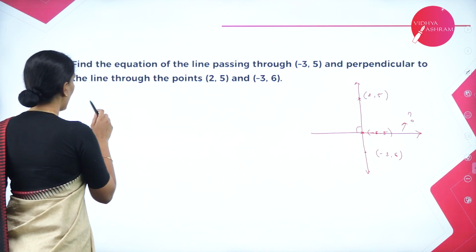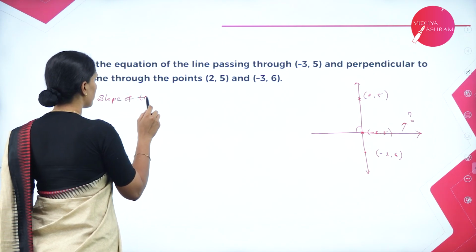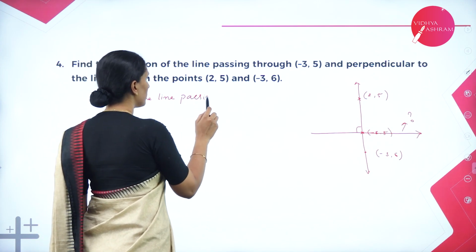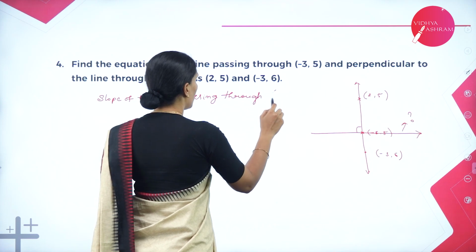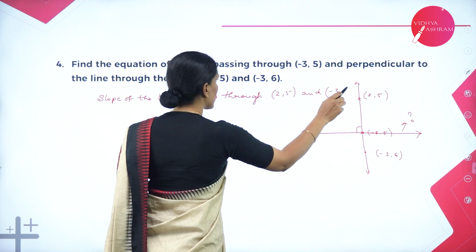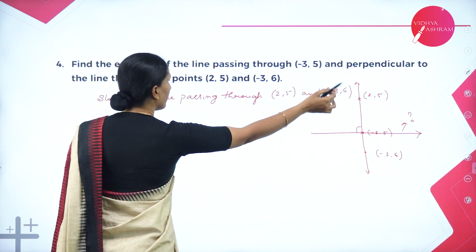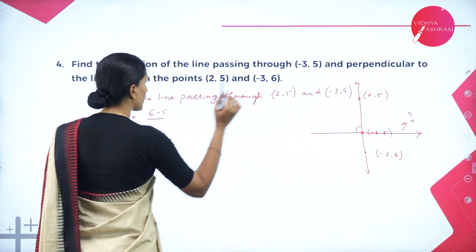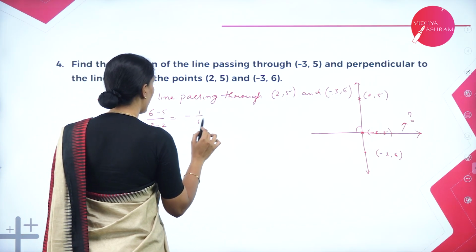The slope of the line passing through (2, 5) and (minus 3, 6) is m is equal to the difference in y coordinates, 6 minus 5, with respect to the difference in x coordinates, minus 3 minus 2, which will be equal to minus 1 by 5.